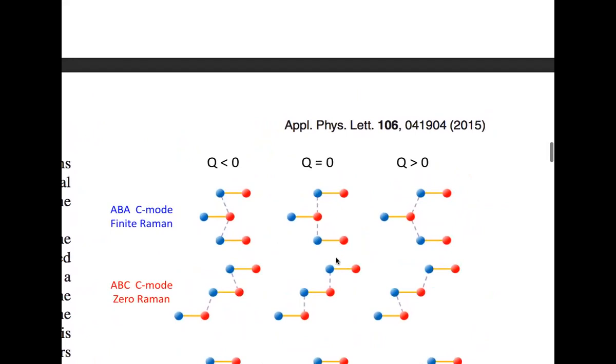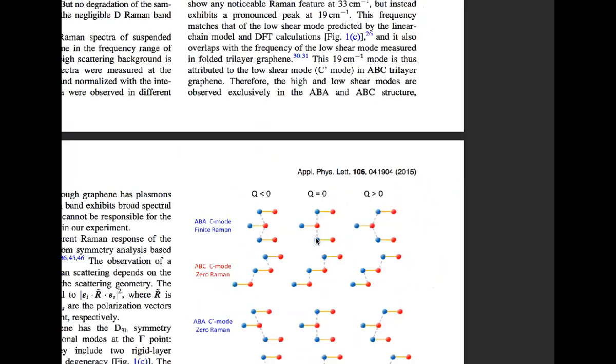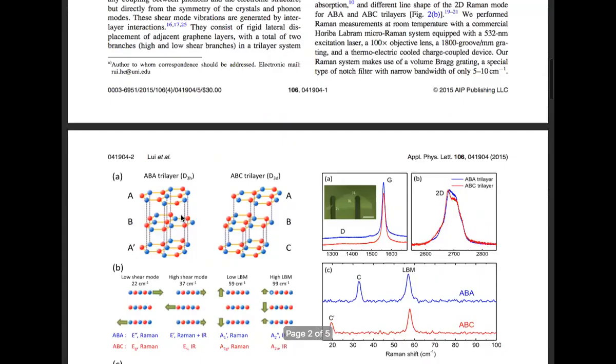So this is the figure that I simplified. You have the top layer, the bottom layer, and the middle layer, where A corresponds to B, corresponds to A. So how do you get this one?